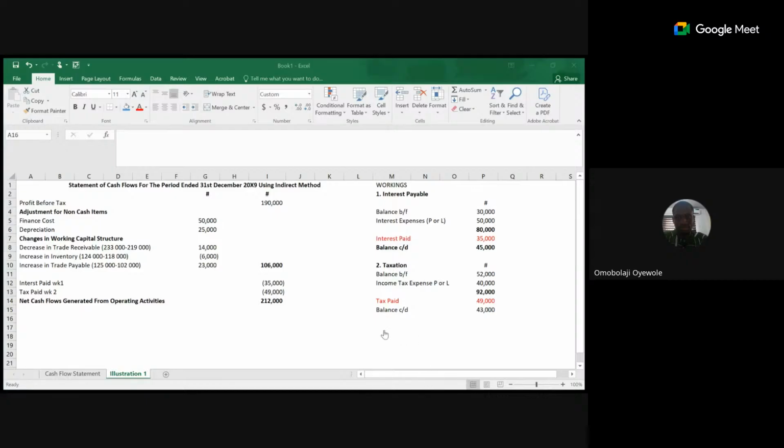Okay, so in the absence of any question, let's stop here for today. What I'm going to do is share a question, and we are only going to use that question to calculate operating activity using the indirect method, based on what we have done.